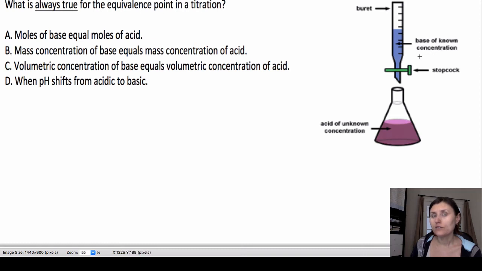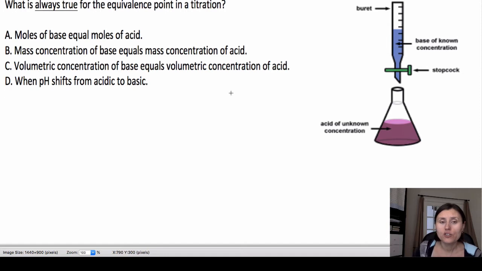And when you see a drastic change in pH, that's when you know that the equivalence point has been reached, and then you can actually calculate the concentration of the acid. Okay, so that's pretty much what a titration is.